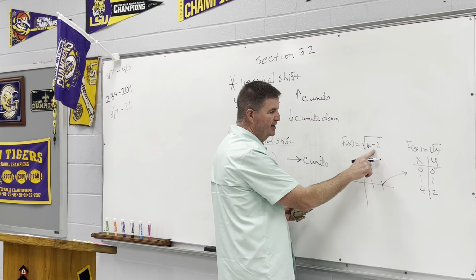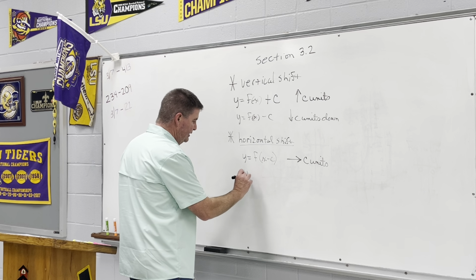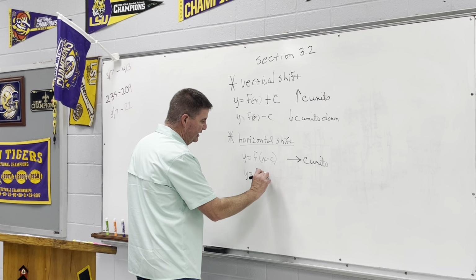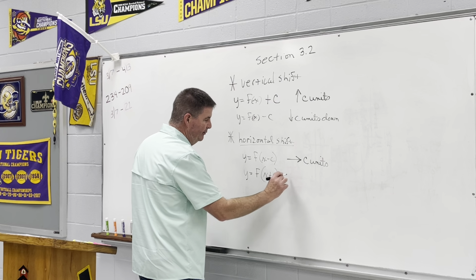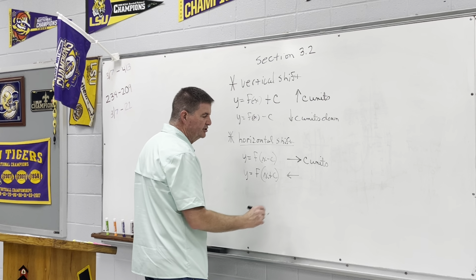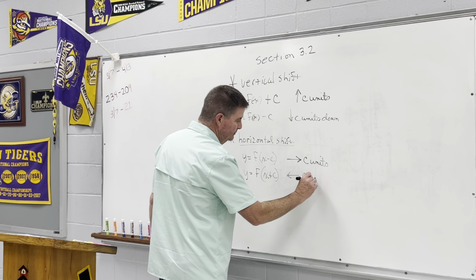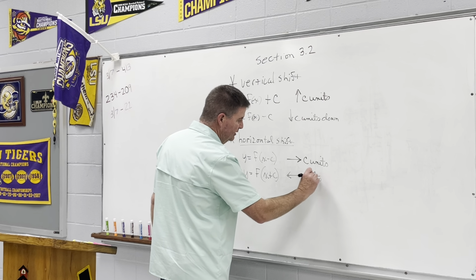Okay, just like a horizontal shift that goes to the right, if I have y equals f of x plus c, that would bring the whole function c units to the left.